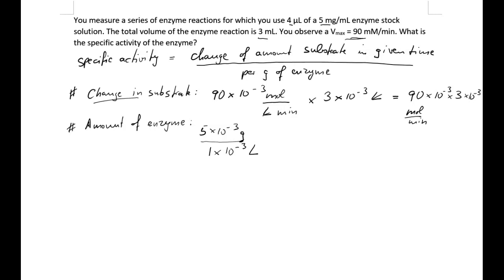And we use 4 microliter of that, so times 4 times 10 to the minus 6 liters. That is our 4 microliters. We see that the liters cancel out here, and we can even cancel the 10 to the minus 3. So for the amount of enzyme, we have 5 times 4 times 10 to the minus 6, and the unit is gram, that is what we have left. So now we have everything to do our specific activity.